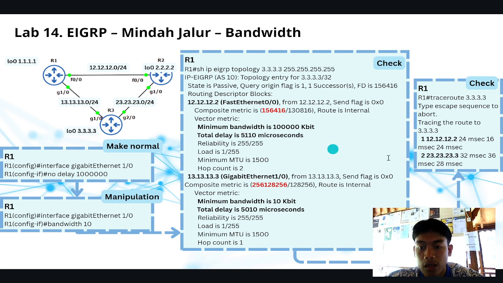And then via 13 gig 1/0, composite metric 256128256, minimum bandwidth 10 kbit, total delay 5010 microseconds, and hop count 1.